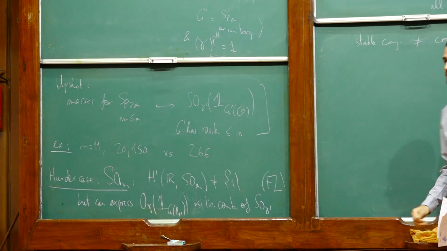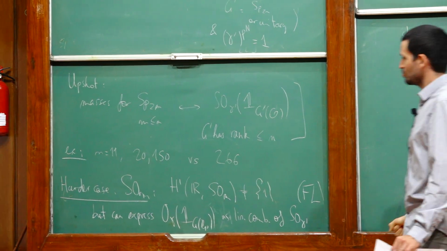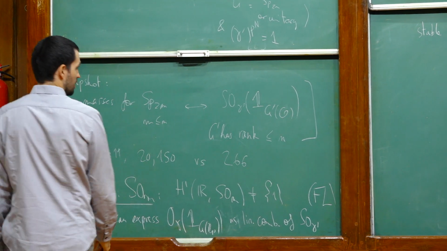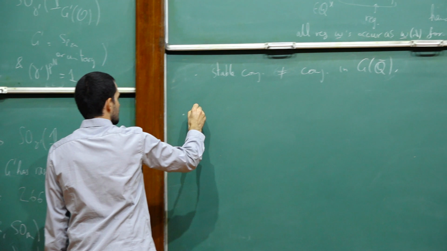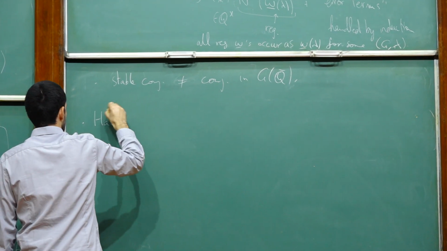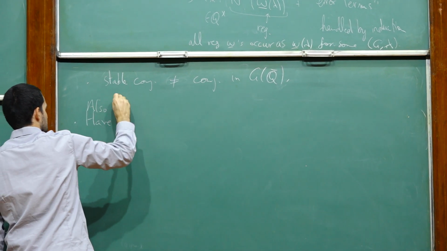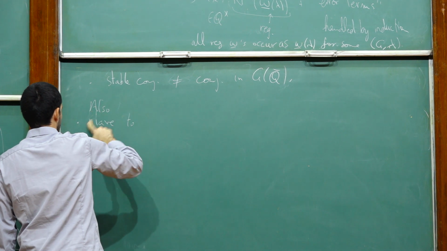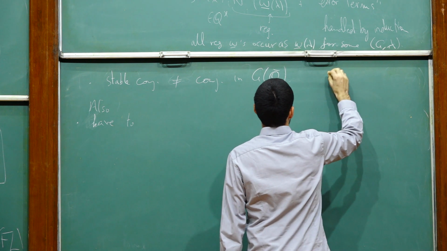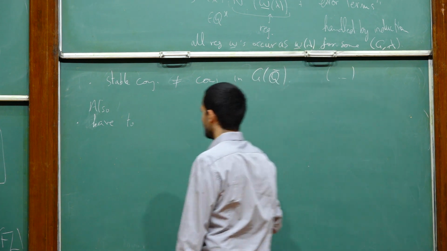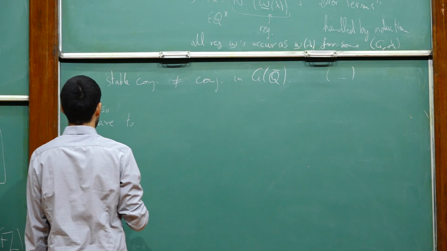But there is something. But it doesn't work quite as well because of this complication particularly. So we also have to use, there's something here, but I can give details later, fortunately.